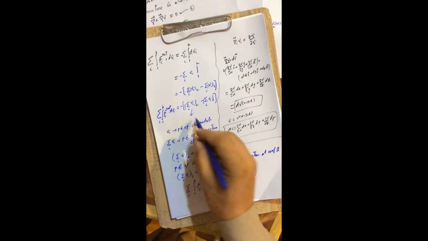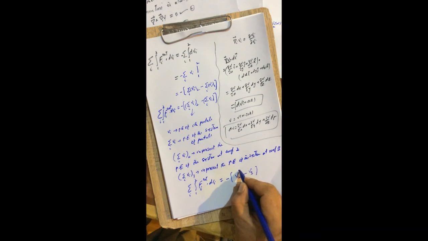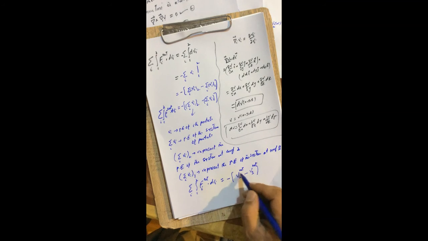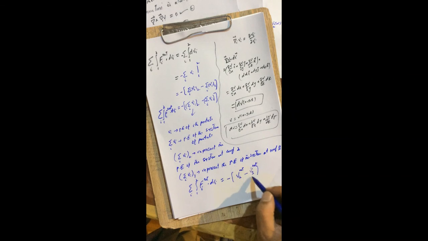But this potential energy is due to the external force, so I put external here. This is the potential energy of the system due to external force at configuration 2, and this is the potential energy due to external force at configuration 1.